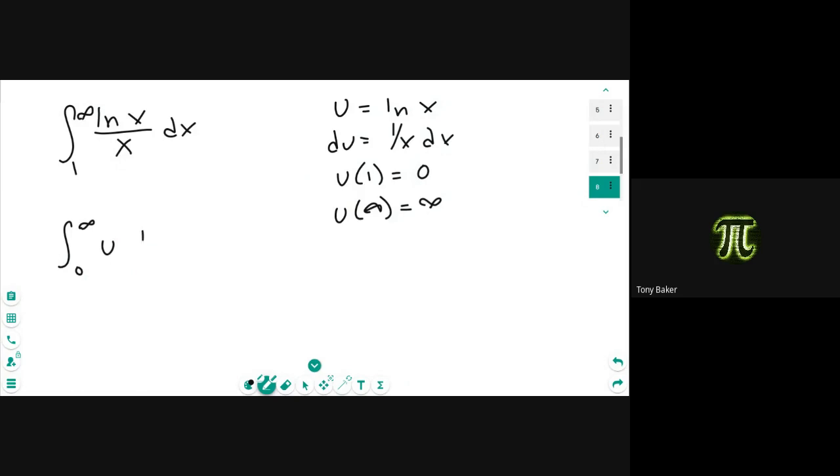The integral of u, which is what? What's the integral of u? U squared over 2 from 0 to infinity. So this is going to go to infinity. So that means this series is divergent.